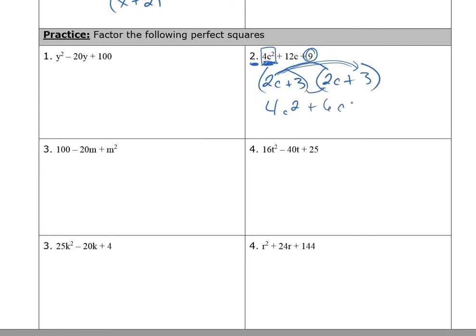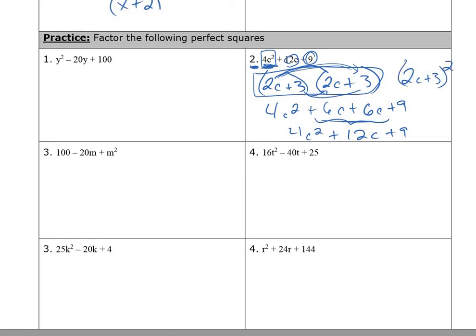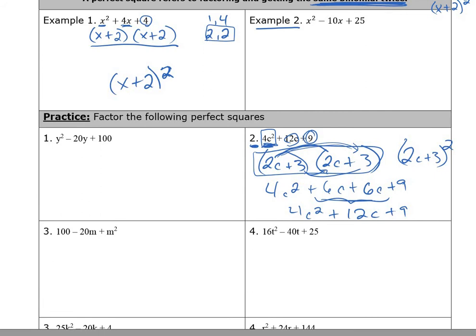Then 6c and 6c, and 9, and that's where we see we got the 12 from 6 and 6. 4c squared plus 12c plus 9. So that was our answer. The answer itself is the factor part, so that would be 2c plus 3 squared. That's the perfect square. So all of these problems on the page are going to end up having the same thing twice. That's what makes it a perfect square.